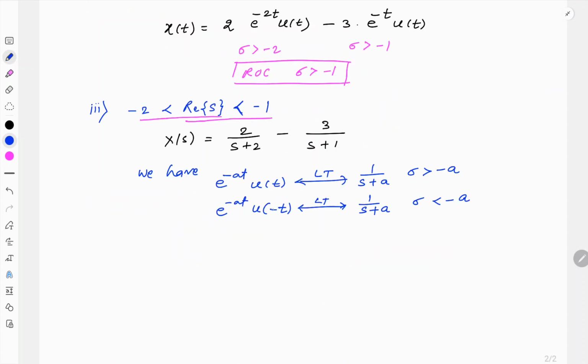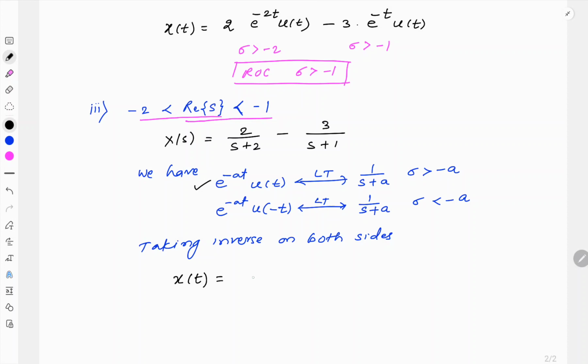So make use of these two equations in the above part and take the inverse. So taking inverse on both sides, the inverse of x of s is x of t. In the first case we have 1 upon s plus 2 in the equation, and here RoC should be greater than minus 2, so we have to make use of the first equation.